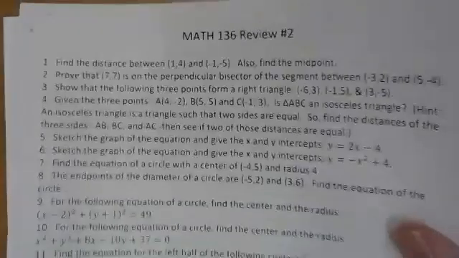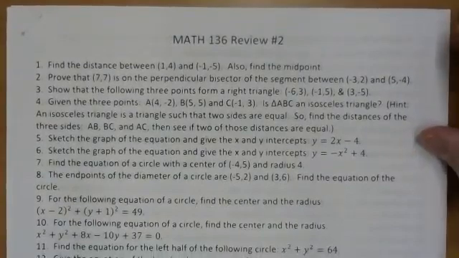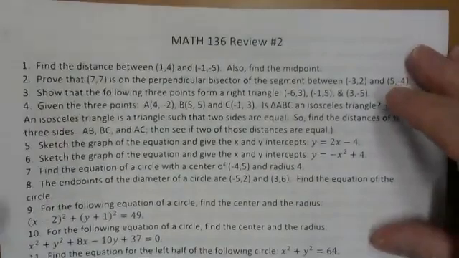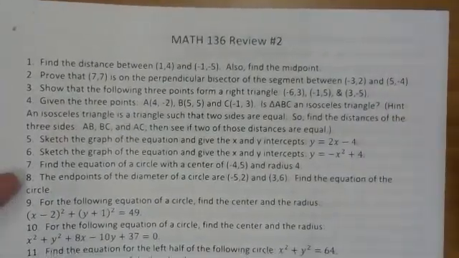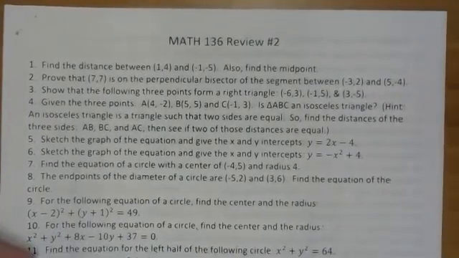So let's start with number 1. Find the distance between these 2 points. Also find the midpoint. With all these kinds of problems, I almost always do a quick sketch. It's just a good way to check and make sure you're in the ballpark with your answers.